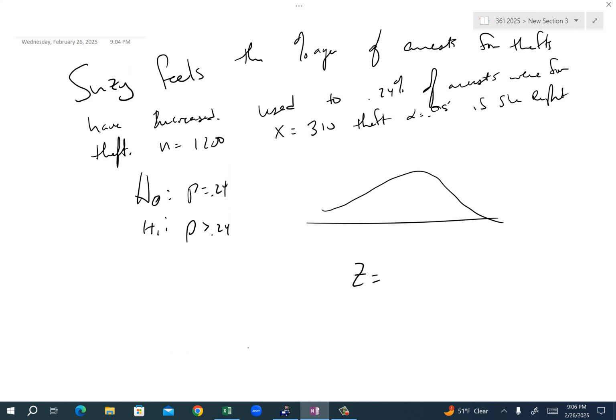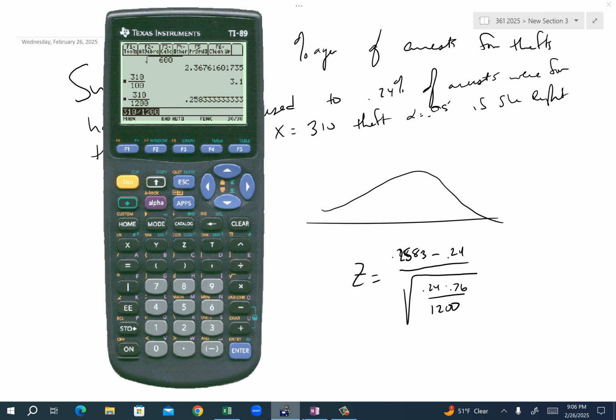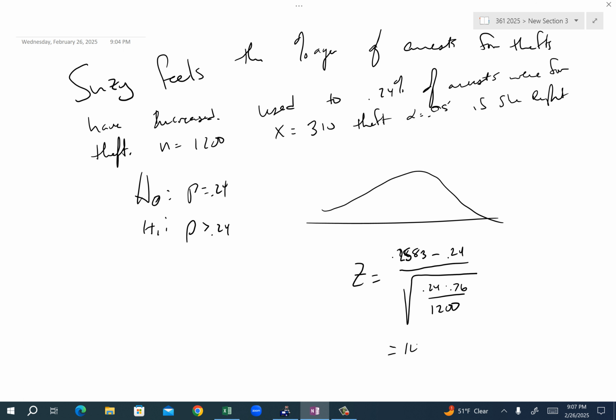So that's 0.2583 minus 0.24 over, again, under the null hypothesis, it's those guys. And so if I take that minus 0.24, divide by the square root of 0.24 times 0.76 divided by 1,200, z equals 1.48.